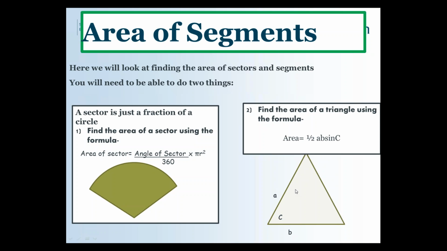Now, the reason that I've also written this down from last session, we did the area of a triangle when you don't know the vertical height. So if you've just got the length of two sides and the angle in between them, do you remember the area of that is half times A times B times sine C. Now that's important because if we draw a triangle along here to make a triangle inside our sector, we can then find the area of that, take it away to find the area of the remaining segment.